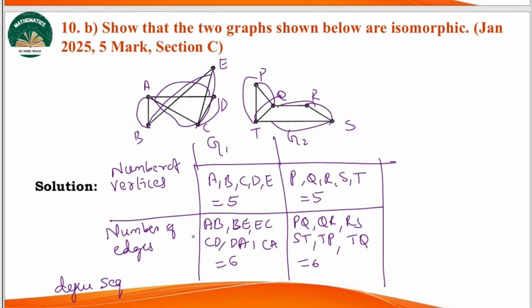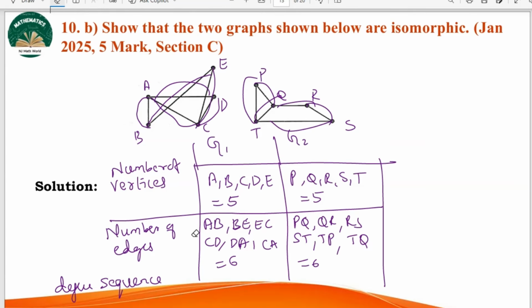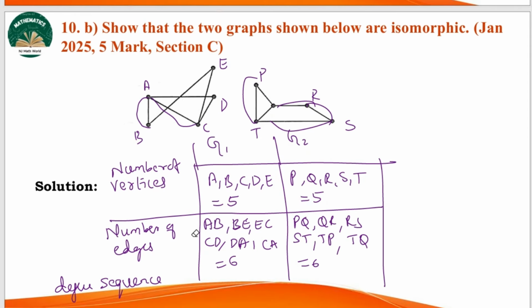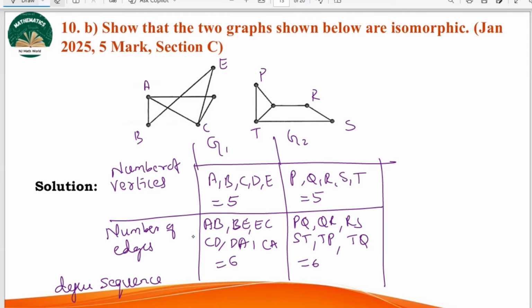To find the degree sequence, we have to find how many degrees both graphs have. So now, for A it is 1, 2, 3.